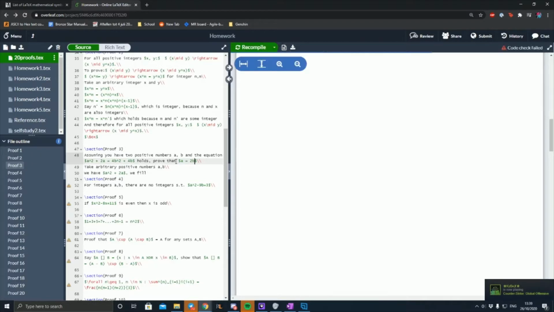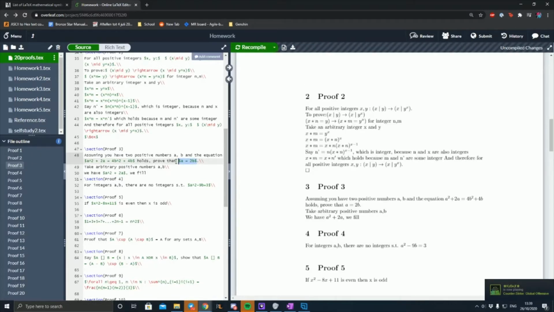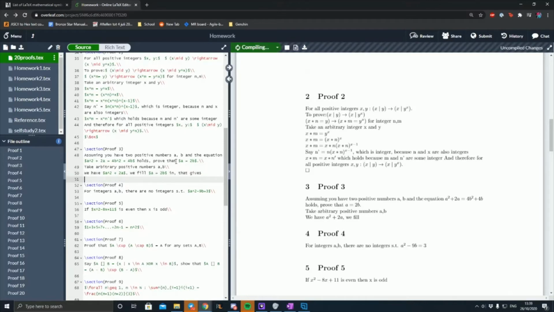Oh, this dot is in the wrong place. In that gives, let's see. So that is 2b. Brackets are really important here. Squared plus 2 times 2b is equal to 4b squared plus 4b.